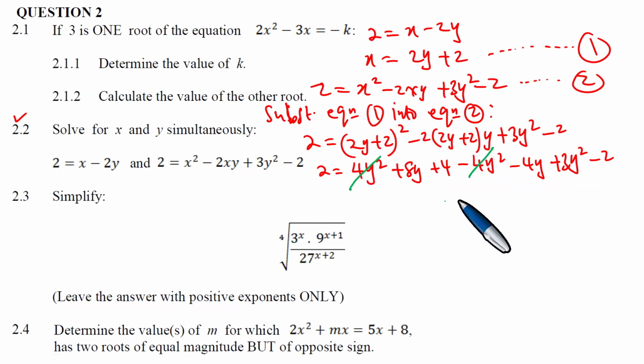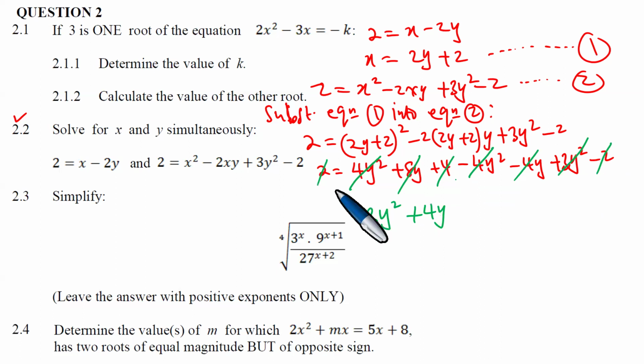This one cancels this. 4y squared cancels 4y squared, leaving us with exactly 3y squared. 8y minus 4y gives us exactly 4y. And then we have 4. This 4 minus 2 gives us a 2, which cancels with this. So we're left with only this here. Okay, this is good.